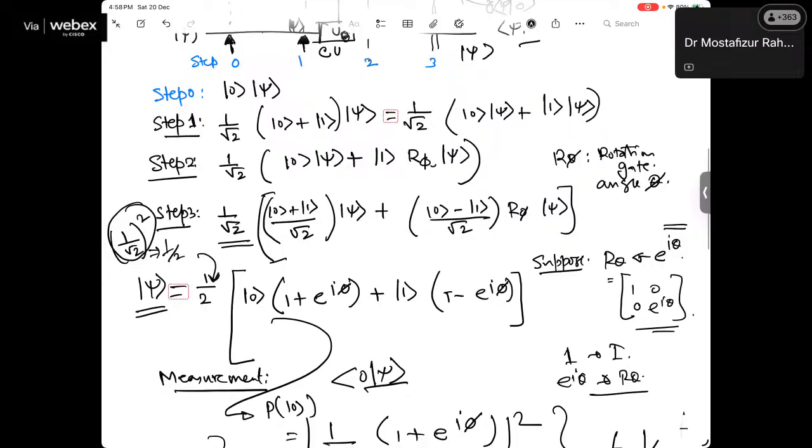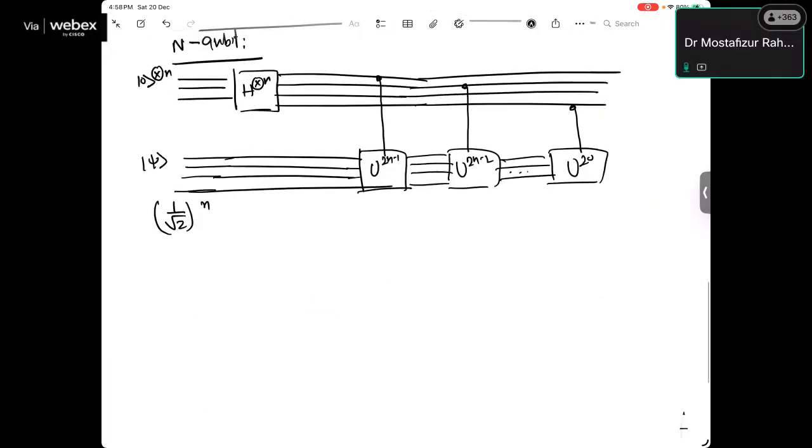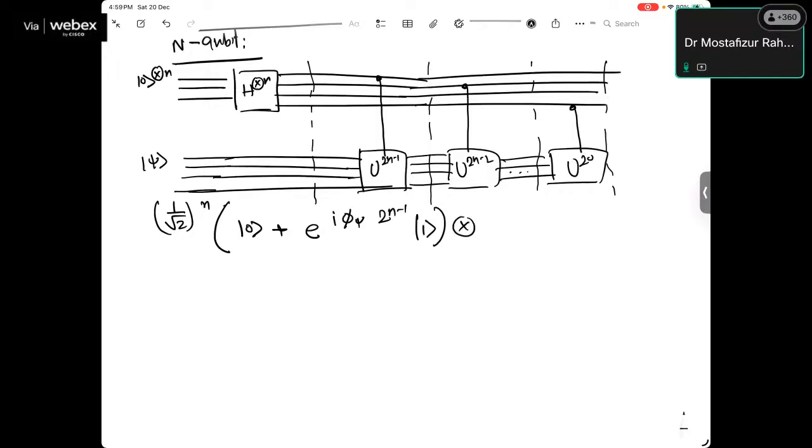Similarly, it is 1 by square root of 2 to the power n, and you can do it by hand also. Because the time is limited, I'm just writing the final expression. You can write it in step 1, step 2, step 3, and so on, and you'll get the final expression as |0> plus e to the power i phi 2 to the power n minus 1 |1>, tensor product.